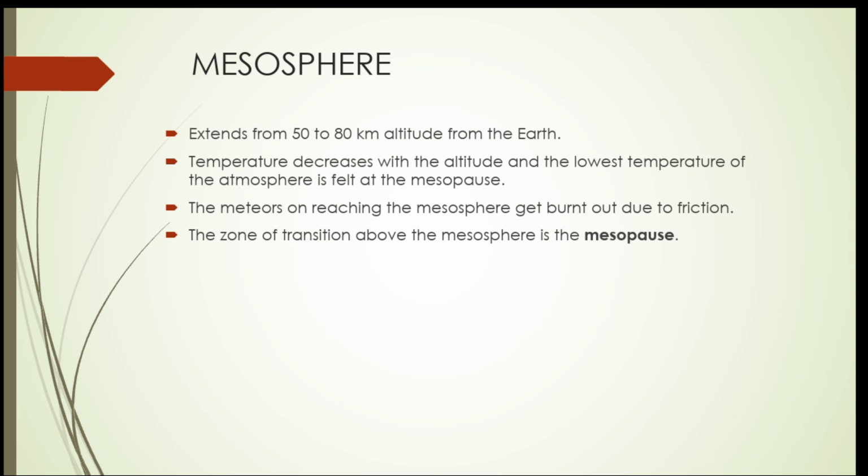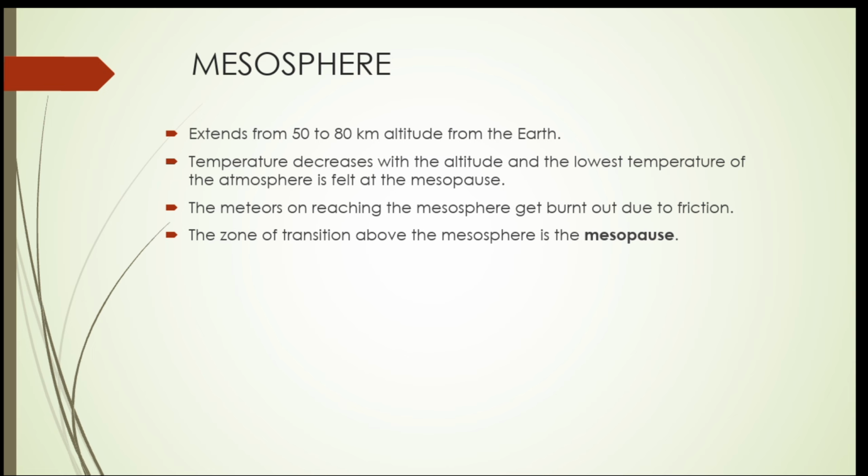The meteors, on reaching the mesosphere, get burned out due to friction. We have often seen news about meteors coming towards Earth, and this layer, the mesosphere, is the layer that is protecting us from such giant meteors.